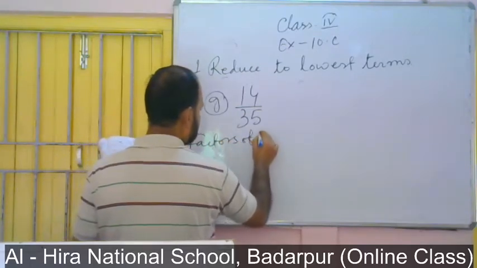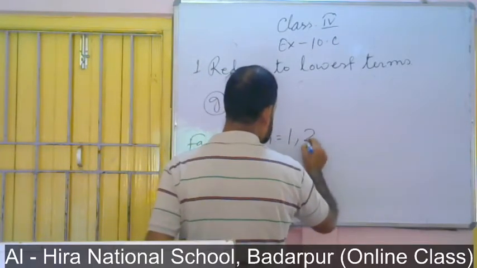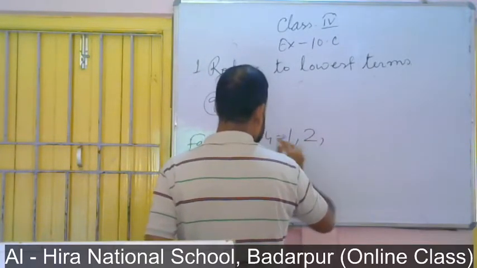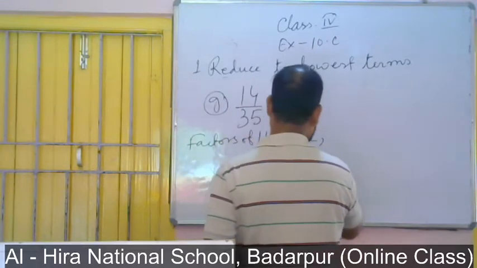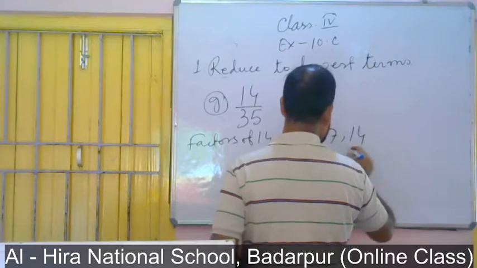of 14 equal to 1, 2 7s are 14, 3 cannot, 4 cannot, 5 cannot, 6 not, 7 2s are 14 and 14 1s are 14.